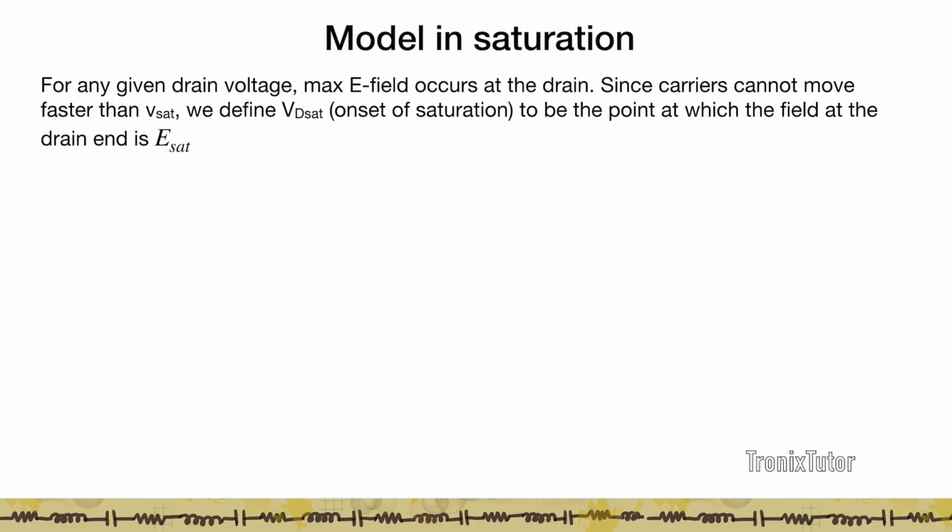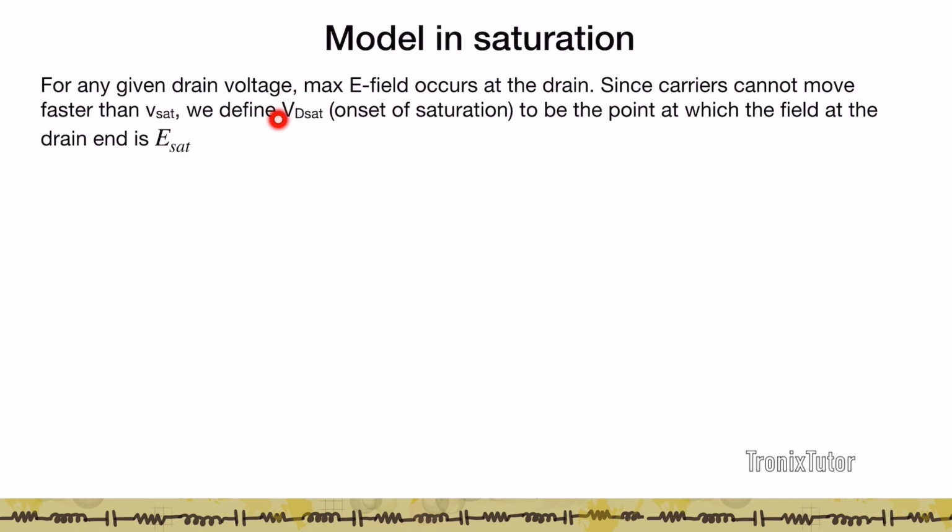So let's talk about saturation. Now when we look at a transistor, for any given drain voltage, the maximum electric field always occurs at the drain. And carriers, when they are velocity saturated, cannot move faster than Vsat.